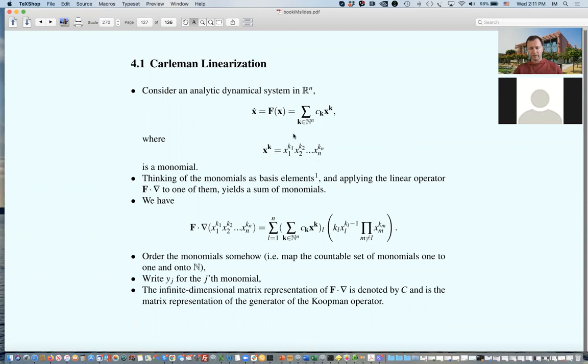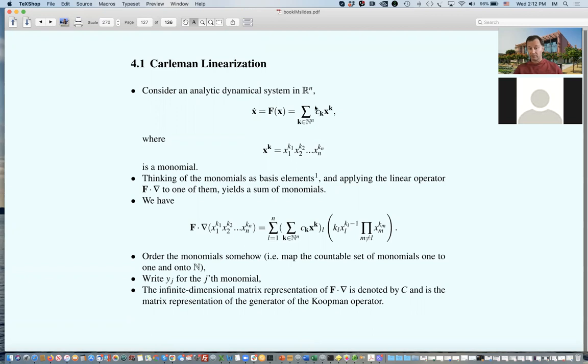So that's a monomial, and so for every single element of that vector, the vector field itself is just a linear combination of these monomials. And so let's for a moment think of these monomials as basis elements. You can represent various functions using sums of these monomials over coefficients c_k.